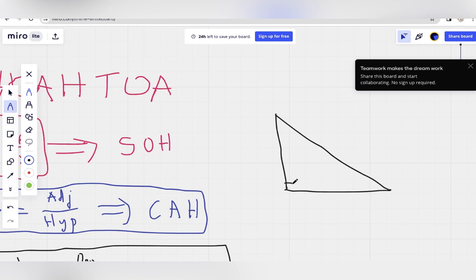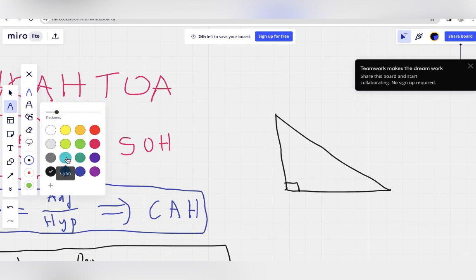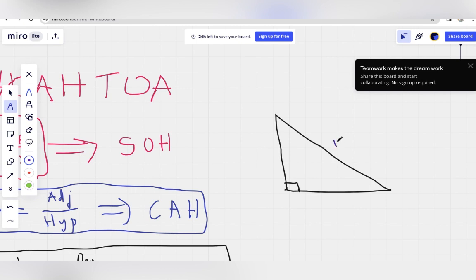Let's say this is our right angle triangle. This is angle 90. So if this is 90, already you know this is your hypotenuse. If we put the angle we're looking for here, we normally use theta.